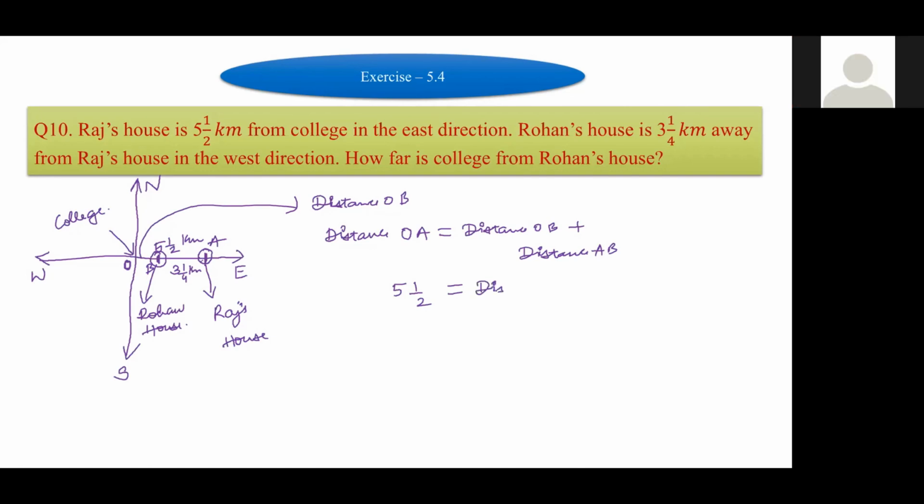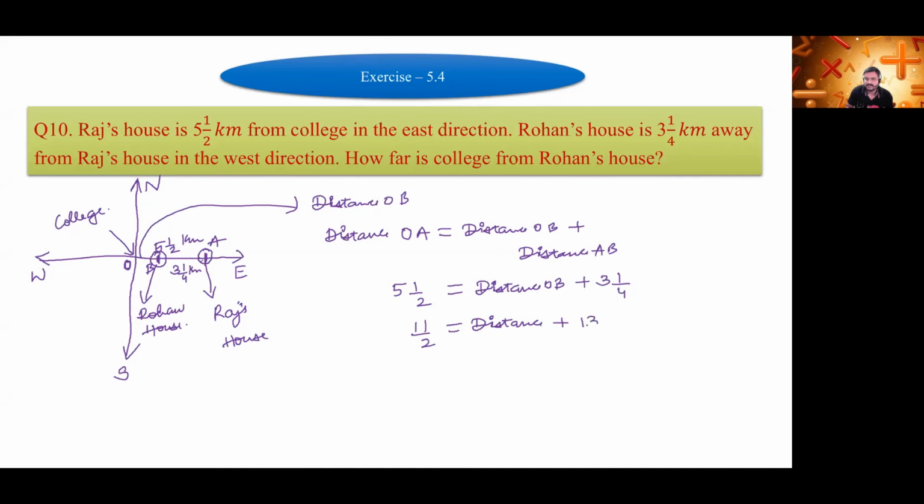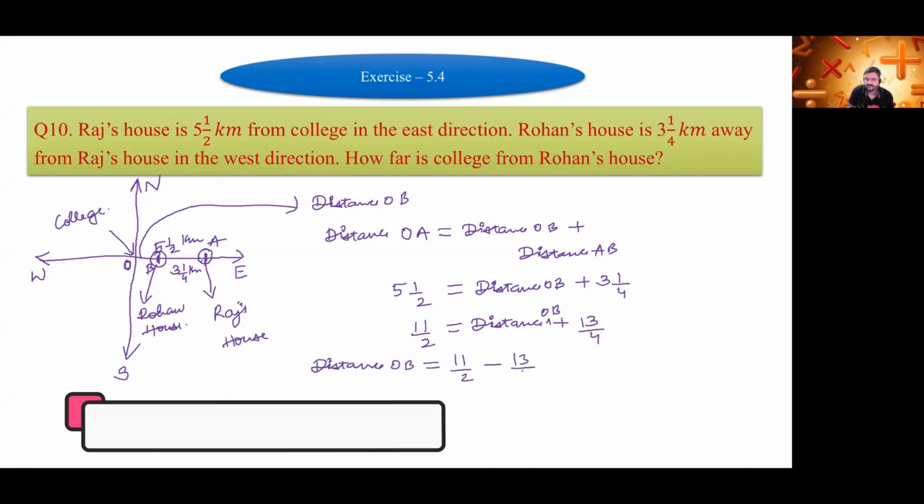We have to find distance OB, so we will keep it as it is. Solving these, this will come 11/2 and 13/4. So distance OB will come 11 by 2 minus 13 upon 4.